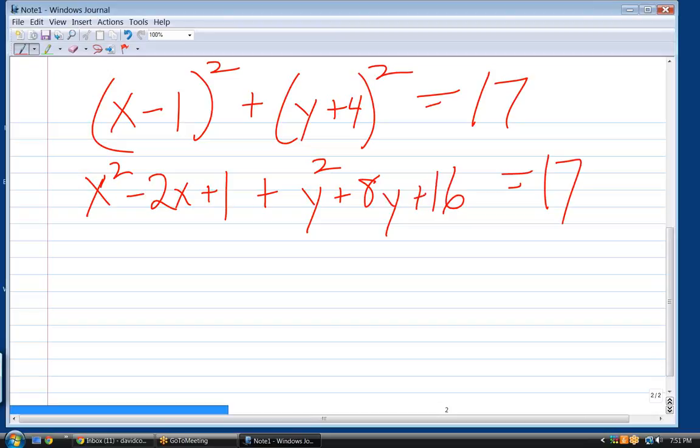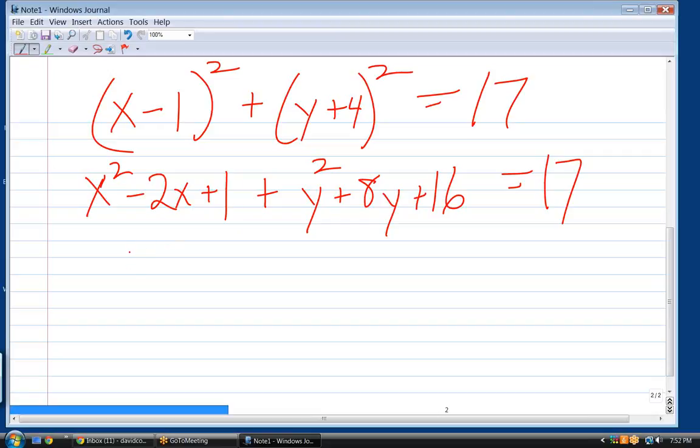Now the x squared plus y squared, I can substitute for x in terms of theta, and I can substitute for y in terms of theta. So let's do all of our substitutions, and then we'll organize everything and solve for r.